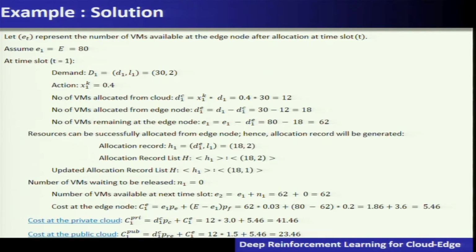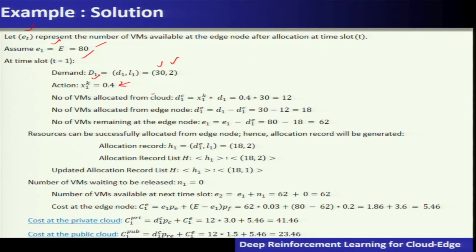Now let us see the solution of this particular example. Let us understand that ET represents the number of virtual machines at the edge, and we assume that the total virtual machines available initially, in the beginning, is 80. At time slot 1, the demand D1 is 30 with duration L1 of 2, and the action was 0.4, which means a 0.4 fraction will be from the cloud.